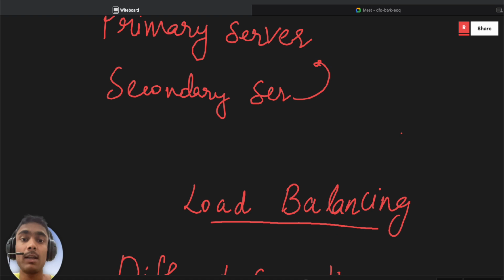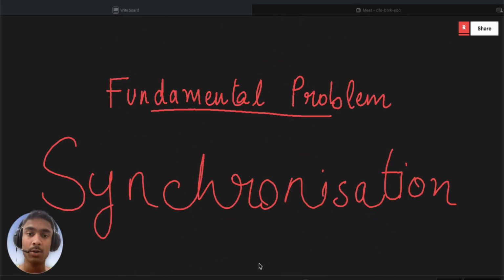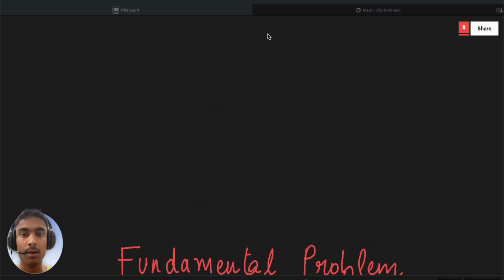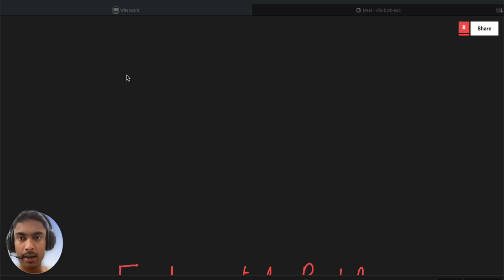But what prevents us from having these two properties? The fundamental problem here is synchronization. What do I mean by synchronization and why does it actually occur? The thing is that database servers are basically of two kinds.